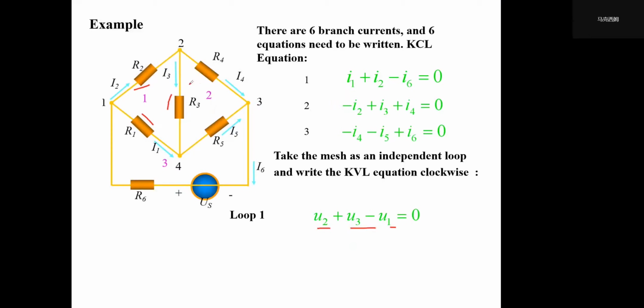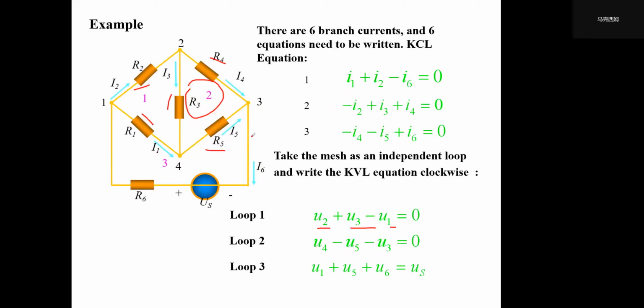And for the second loop, the voltage of resistor 4, resistor 5, and resistor 3. And for the remaining loop, we have resistors 1, 5, 6.